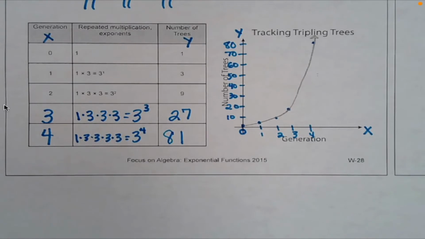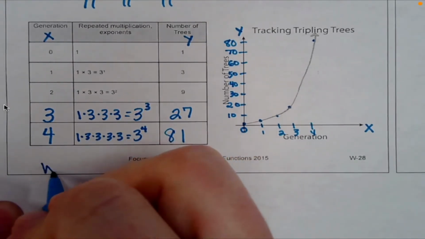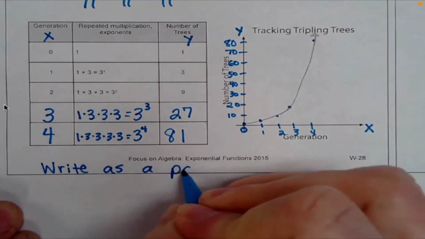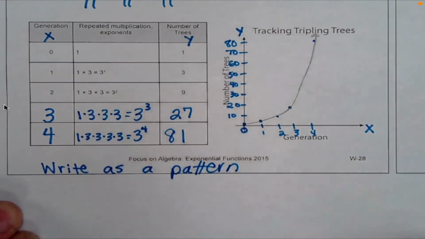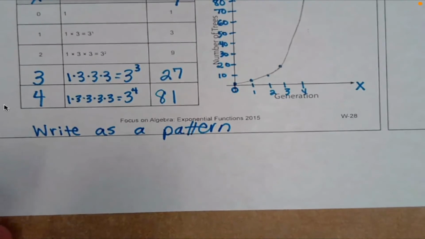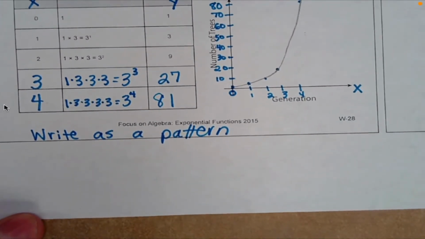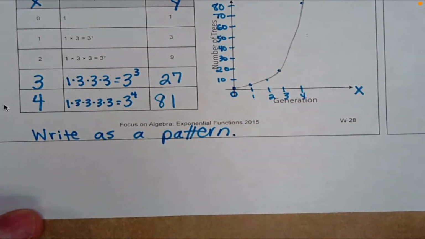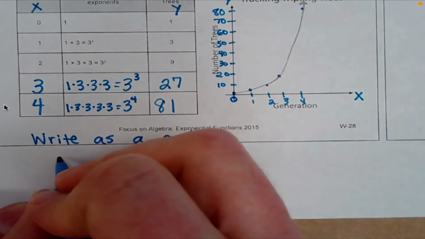One other way I want to look at it is as a pattern. The pattern of numbers of the trees. So we start out with one tree.